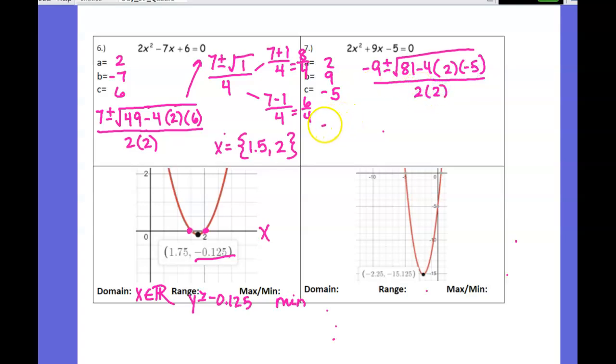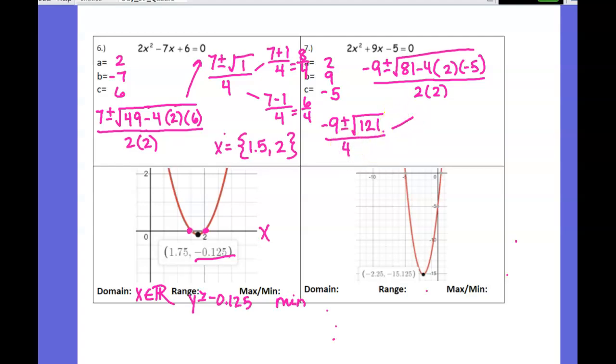Okay, so this becomes negative 9 plus or minus the square root of 81 plus 40, because negative 4 times negative 5 is negative 20, times 2 is 40, so we're going to get 121. And that's going to be divided by 4.